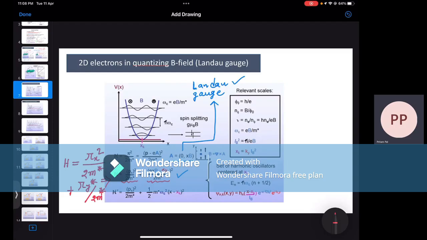So what is this wave function going to look like? It's the Schrodinger equation, right? I've got a Hamiltonian and its eigenstates.